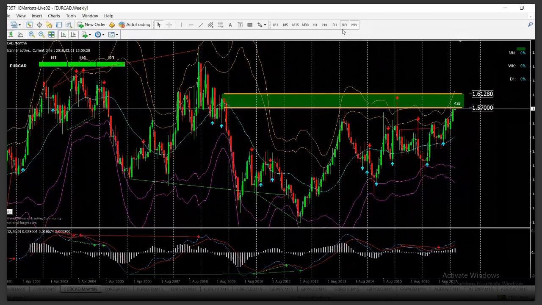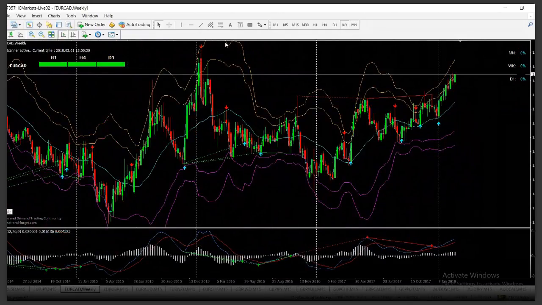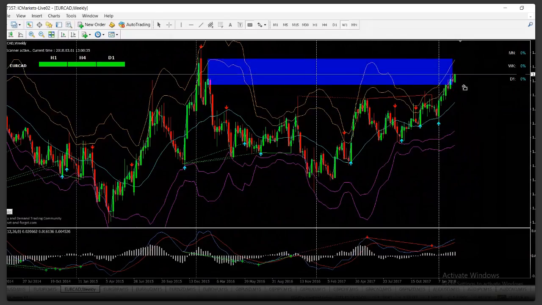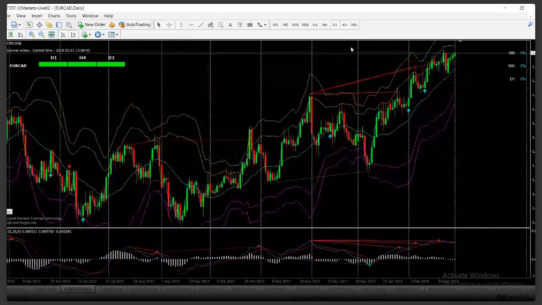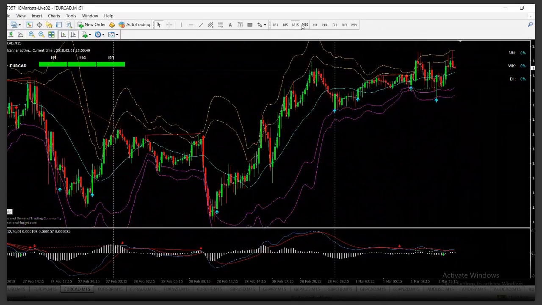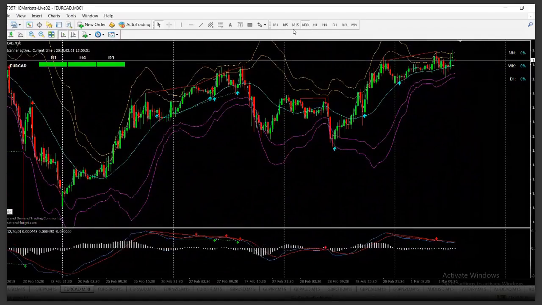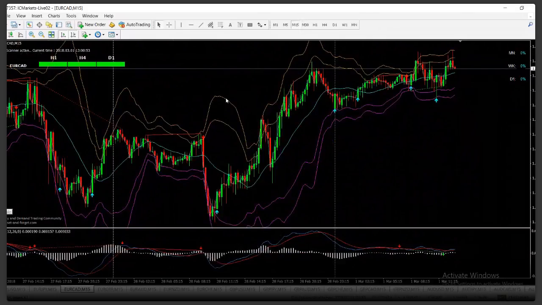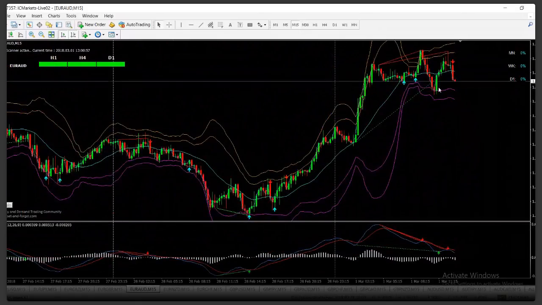Weekly chart. And in this area here. Daily chart, very choppy. A few divergences there. 4-hour, again very choppy. But pity the signal didn't stay. This Euro Aussie trade did. So that's one we're in at the minute.